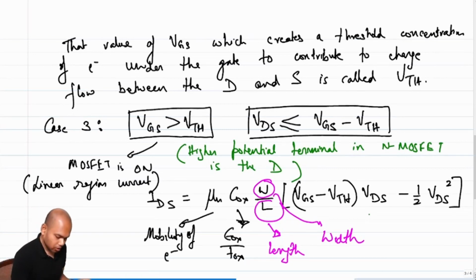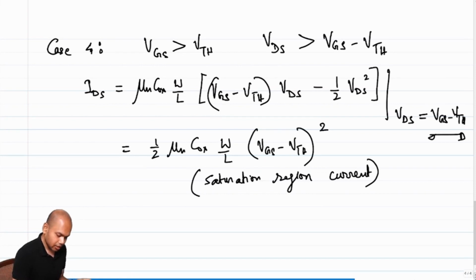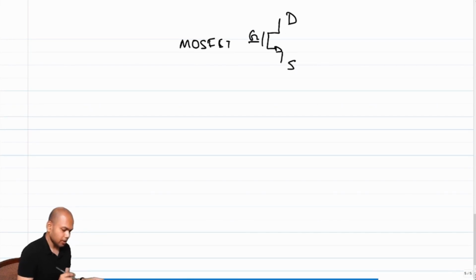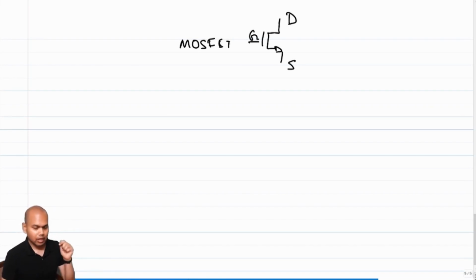Okay, so in a nutshell, a MOSFET has three regions of operation, right? Symbolically, a MOSFET is drawn with drain, source, and gate, where we know the meaning of the drain and the source and the meaning of this arrow. What does this arrow mean?